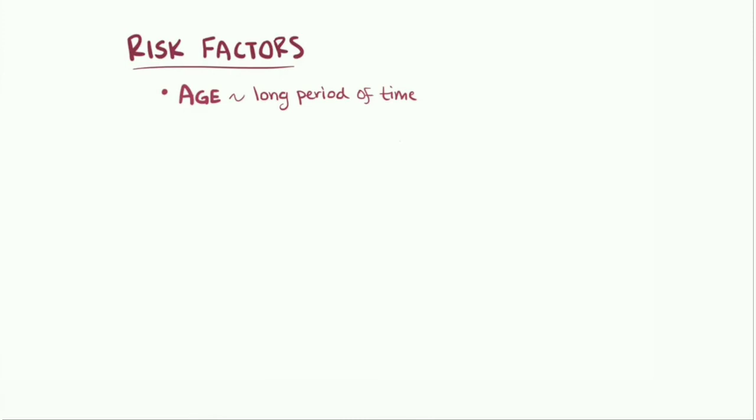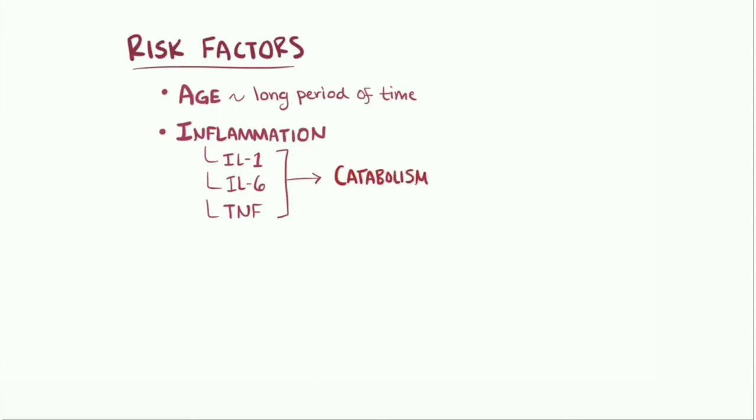As mentioned earlier, inflammation also seems to be involved, and there are a number of pro-inflammatory cytokines like interleukin 1, interleukin 6, and tumor necrosis factor. Increased catabolism, which involves blocking the new formation of cartilage, means decreased anabolism.